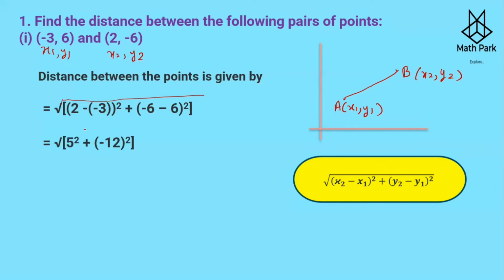So 2 plus 3 is 5 square, and minus 6 minus 6 is minus 12 square. Square of negative is also positive. So 5 square is 25 and minus 12 square is 144. Adding this we get 169, and square root of 169 is 13 units. This is how the distance between these 2 points we got as 13 units.